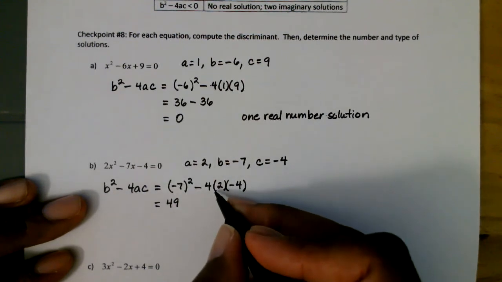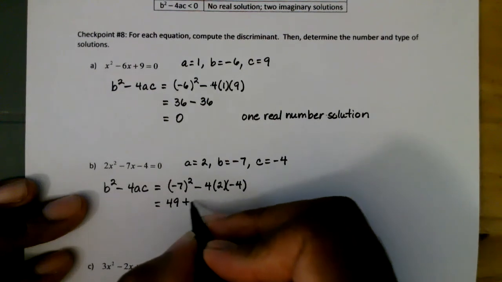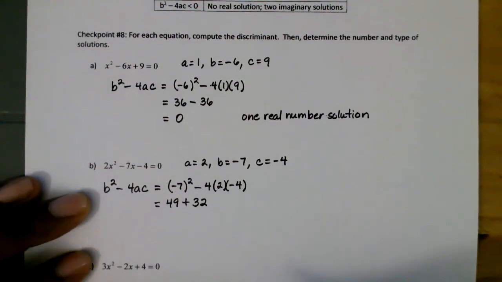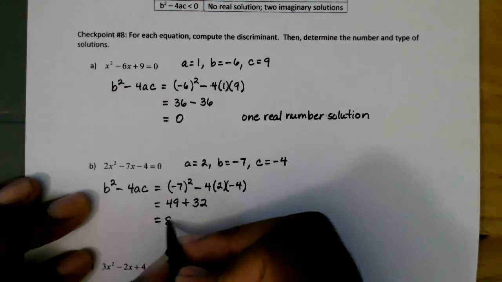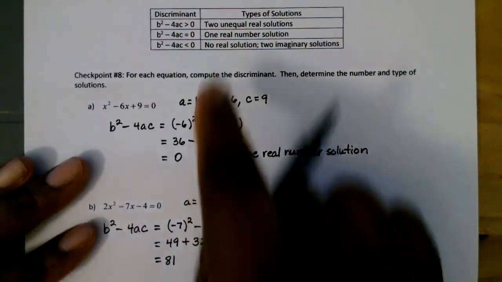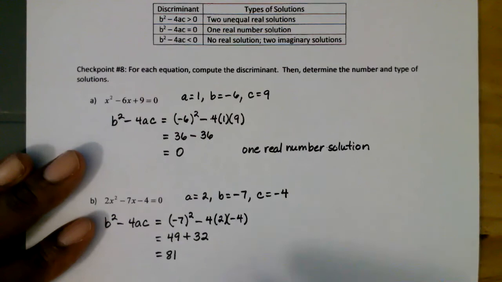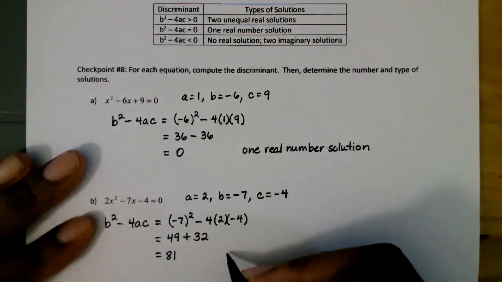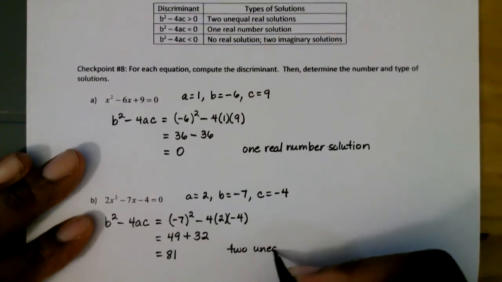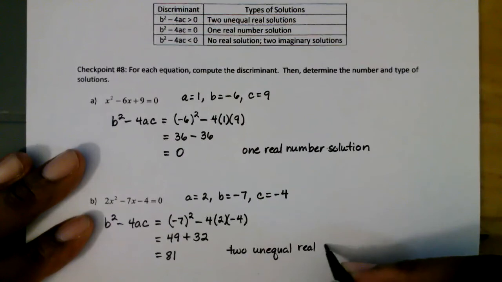Minus 4 times 2, that's a -8, times that -4 will be a plus 32. Add 49 and 32 together, you'll get 81, which is a positive number. So that means we're going to have two unequal real solutions for this quadratic equation.